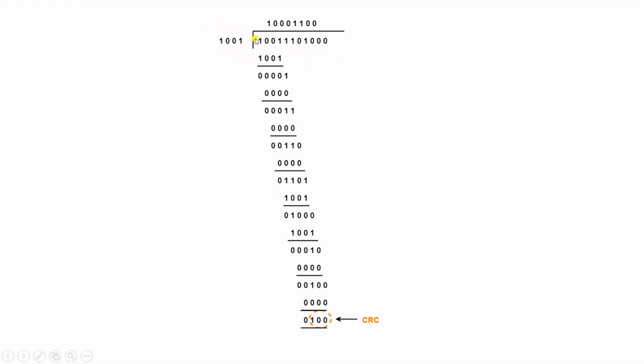I have already told you that if there are 4 bits in the generator polynomial, we append 3 bits after the data, one less than the number of bits of the generator polynomial.